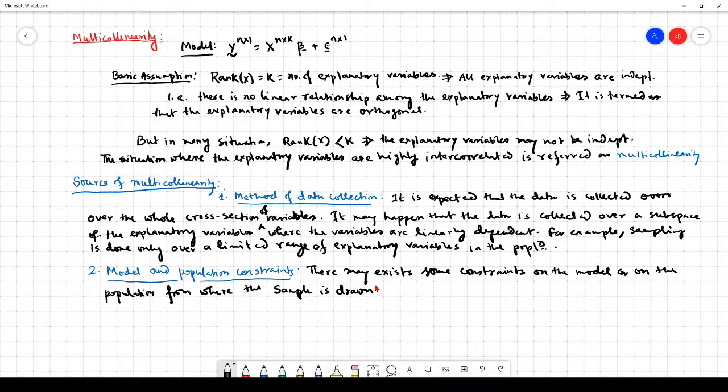The sample may be generated from that part of the population having linear combination.